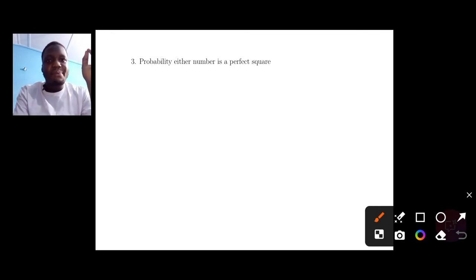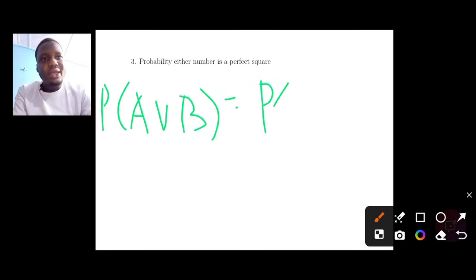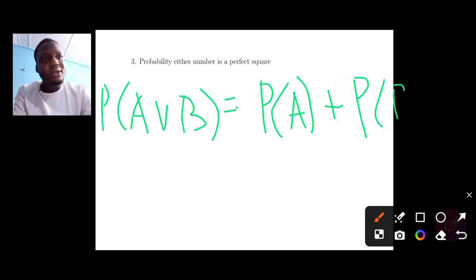So either is a perfect square. Okay, either is a perfect square. And we have that probability of A union B is A plus B minus the intersection.